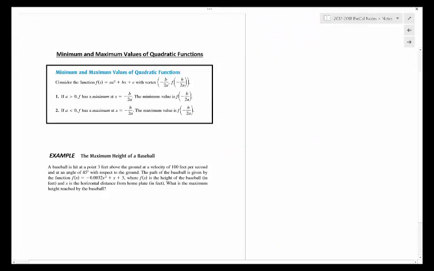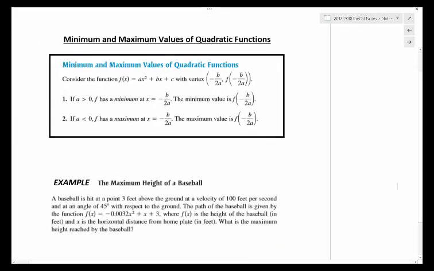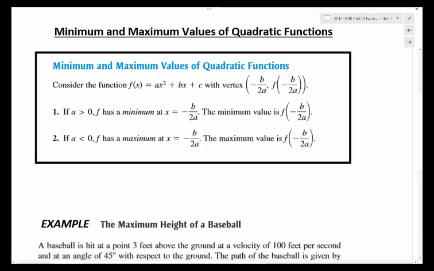So the minimum and maximum values will exist at the vertex. This is a fancy definition. It says consider the function blah blah blah with the vertex at opposite of b over 2a, and then basically that means f of opposite of b over 2a, meaning you plug it in. That's your x and your y.